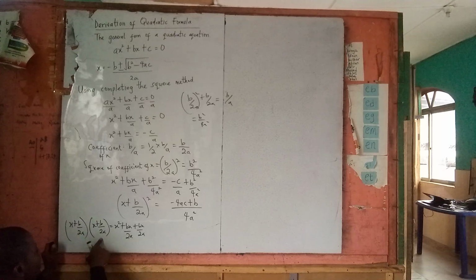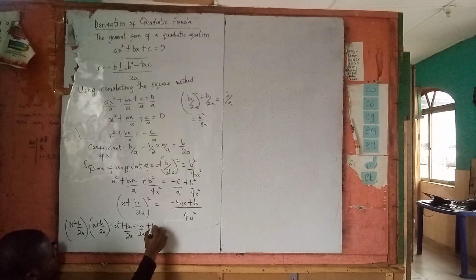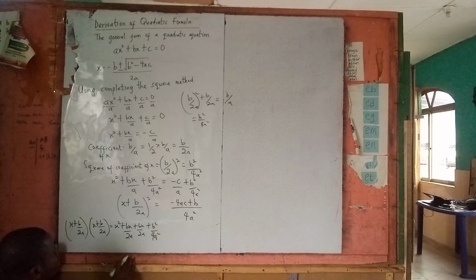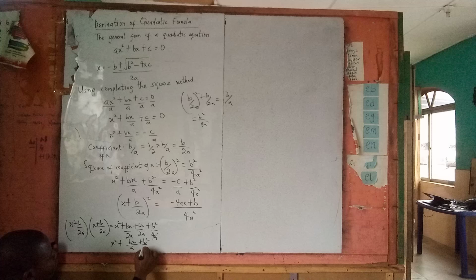Then b over 2a times b over 2a, that is plus b squared over 4a squared. So this is x squared, b over 2a plus b over 2a, that is plus bx over a, plus b squared over 4a squared.